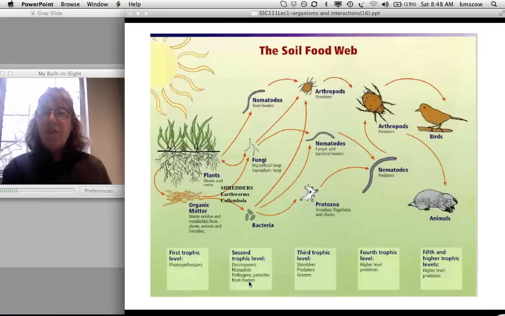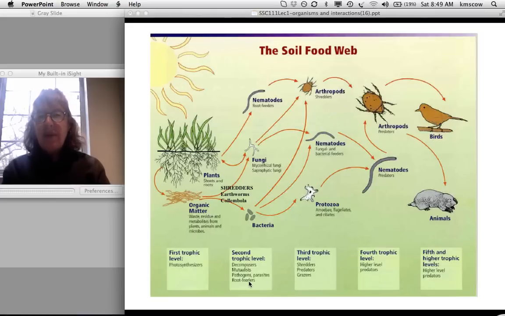Okay, the soil food web. This picture shows you a very simplified version of what is really quite a bit more complicated. There's a lot of arrows that aren't shown there, particularly the arrows that bring the organisms back into the soil organic matter when they die, which is an important part of any cycle. But here you can see that the primary producers are plants.